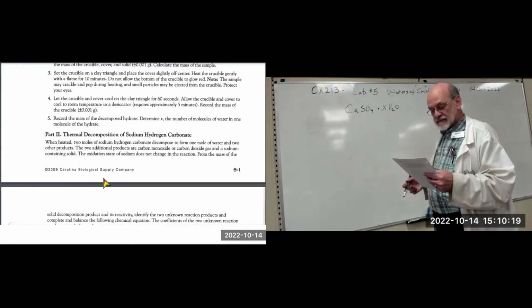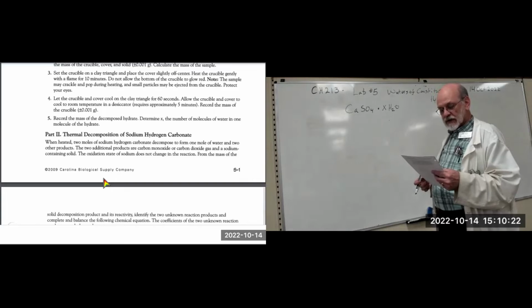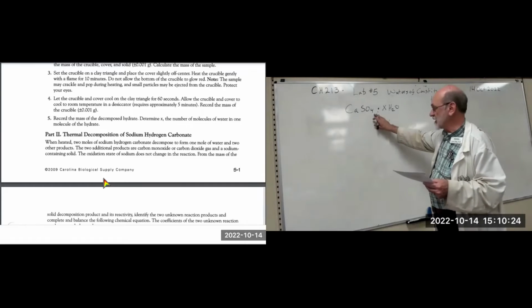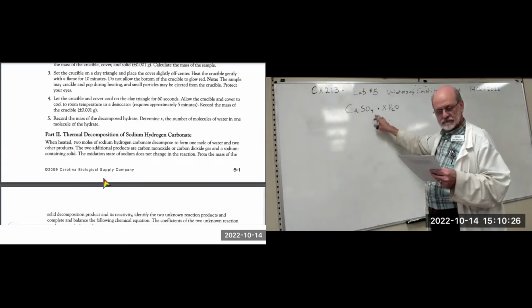The problem says you weigh some of this into a crucible. Hold on a second.